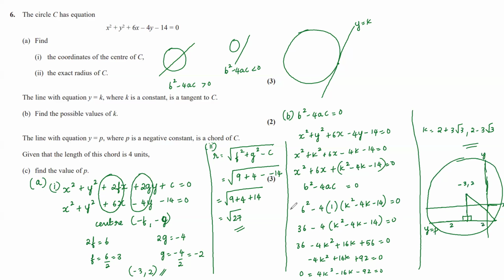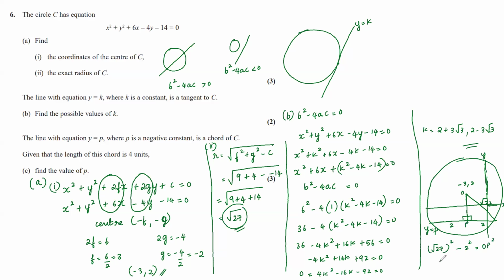Now we know the radius, we got the value as root 27. So the radius is root 27. I can find out what this length is using Pythagoras theorem. Root 27, the whole square, minus 2 square will be, let's say this is OP, that is OP square.